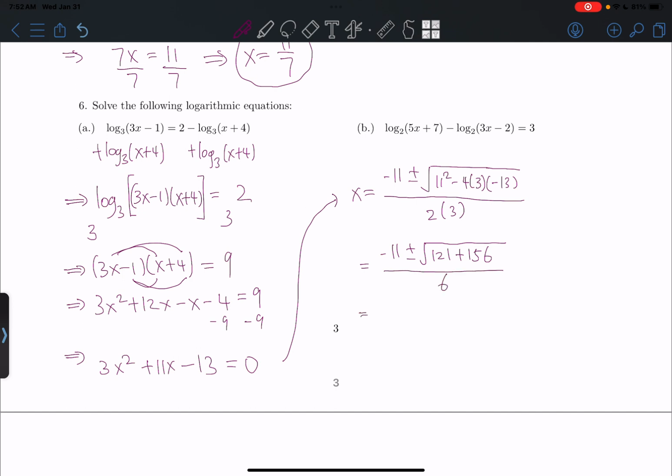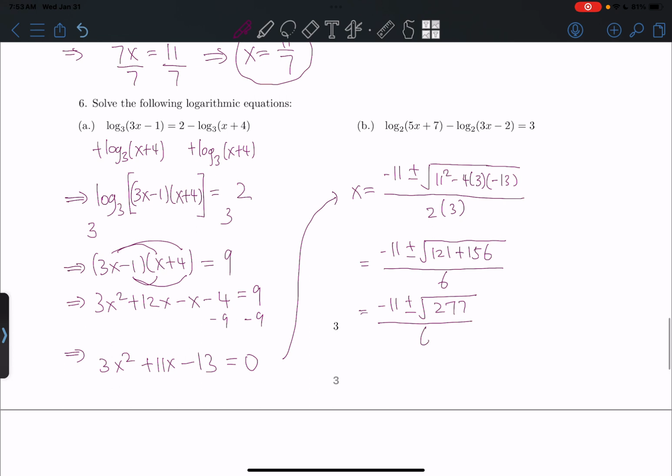That is not a perfect factor. 277 over 6.